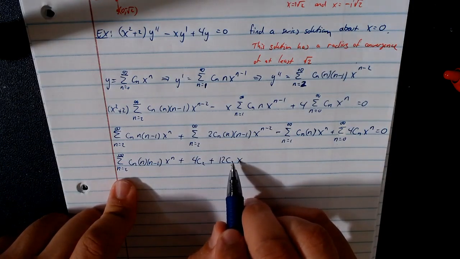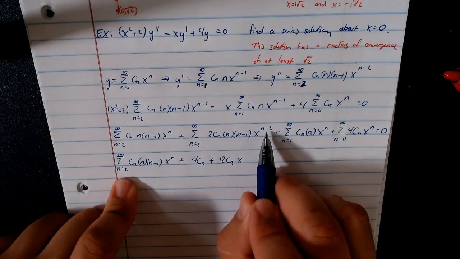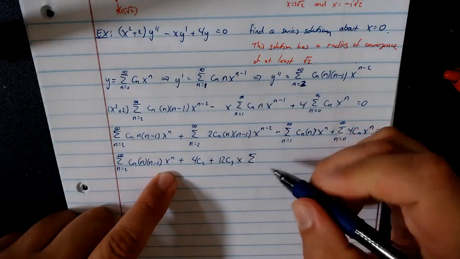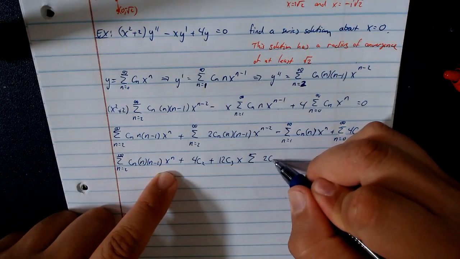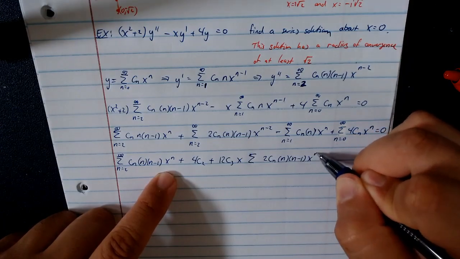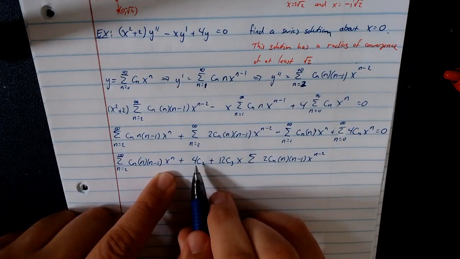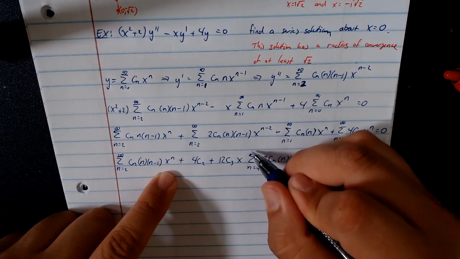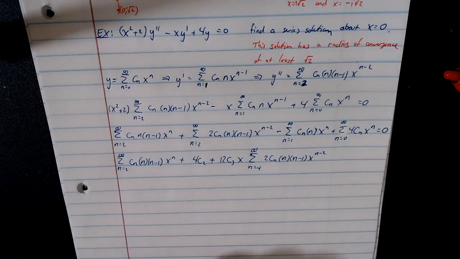So from now on, all the rest will have power 2 and higher, which is what I want. I want them to start at power 2. So now I'm going to have the same rule, 2 c sub n times n minus 1 x to the n minus 2. But now I'm not using 2 or 3 because I've already plugged those in. So now I'm starting at n equals 4.